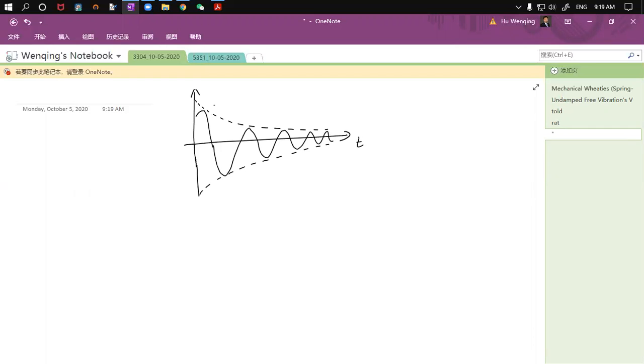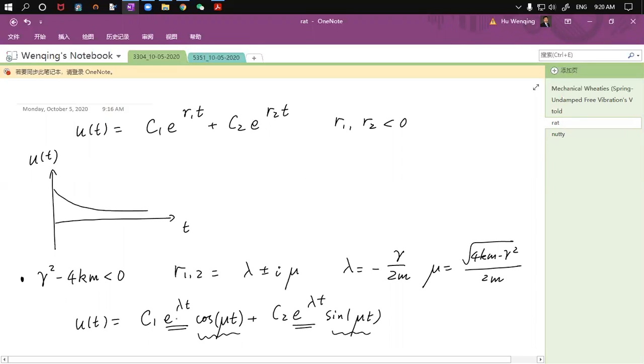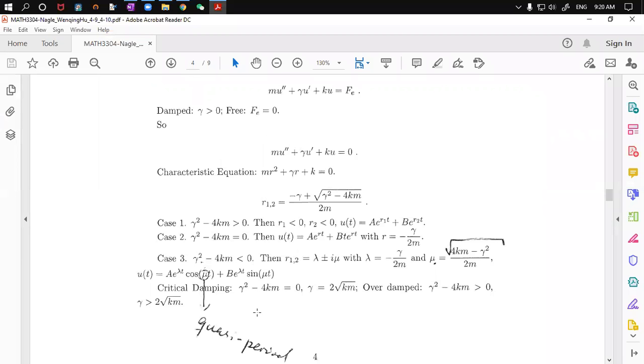As time goes, the amplitude of the oscillation gets smaller and smaller, and in the end it converges to 0, because e to the power lambda t is dominant as t is large, but when t is small, you mostly have oscillation. This phenomenon we sometimes call the underdamped case.